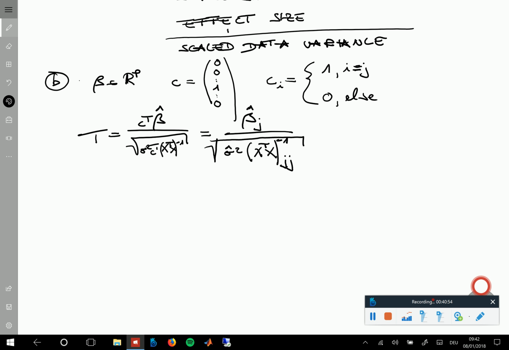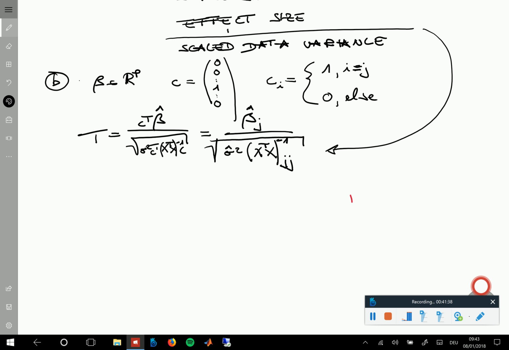Of course, it's not as immediately and nicely interpretable as in the case of univariate Gaussian sampling, because you still have this thing here, and it's actually not that easy to associate some meaning directly, or at least I haven't thought as deeply about this as I maybe should have. But what it shows is that, in terms of effect size versus scaled data variance, you can always achieve that with contrast weights being 0 and 1 at a single location.